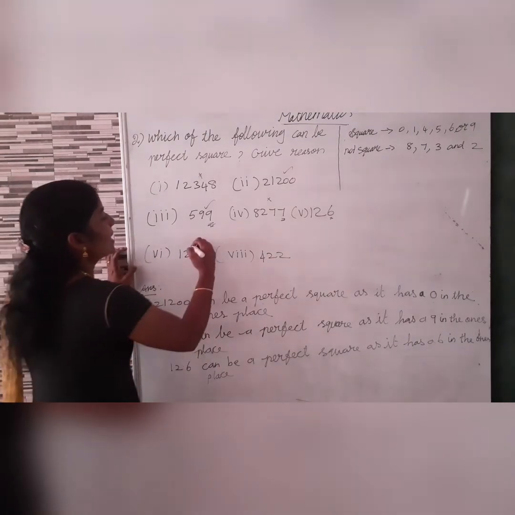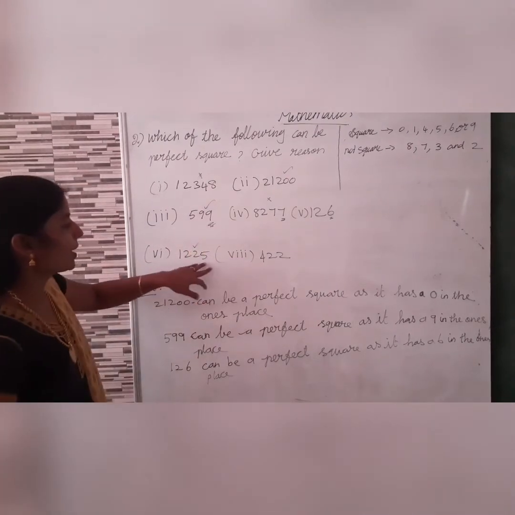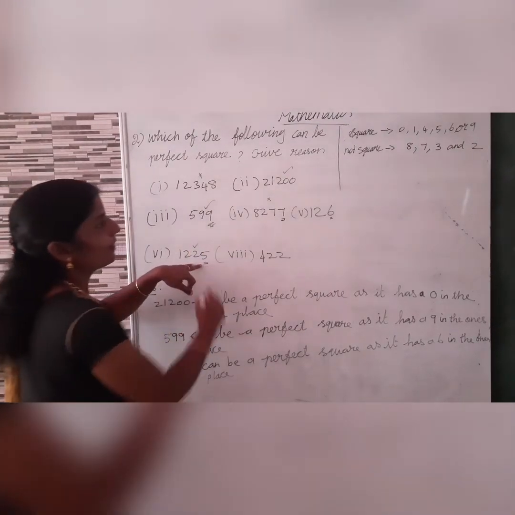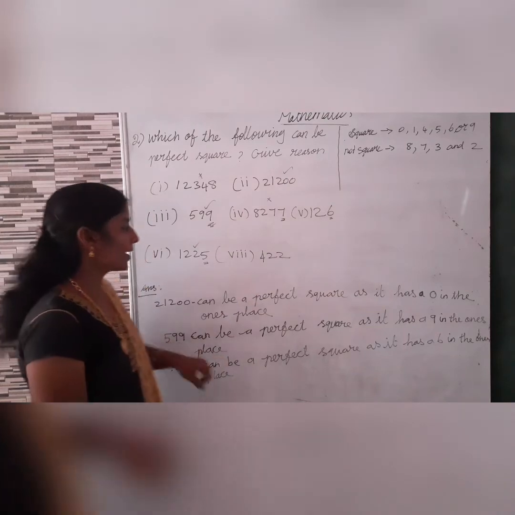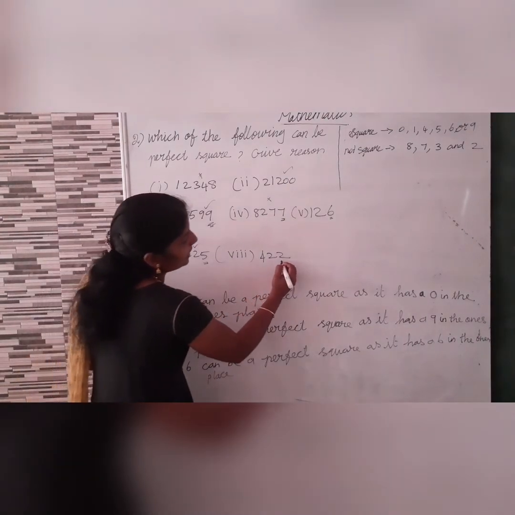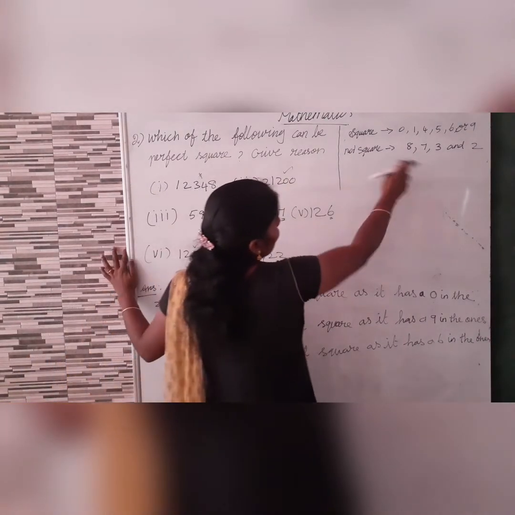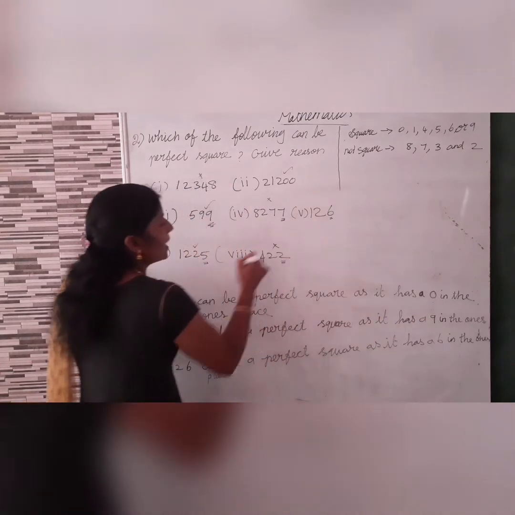Now here 100,225. This is also a perfect square because here the ones digit is 5. 5 means that it is a square number. Now next number, listen. This is 2. 2 is not a square number, isn't it? So this is not a square number.